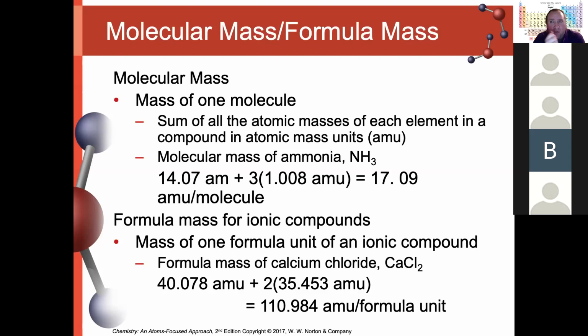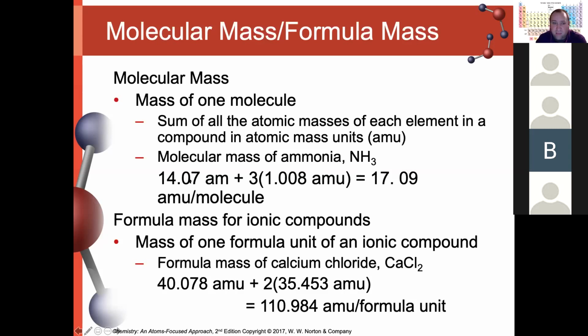And so, from that perspective, if I know the molecular formula, all I need to do is look up what the masses of each of the atoms are. So take, for example, ammonia here. Ammonia, NH3, has one nitrogen atom and three hydrogen atoms.